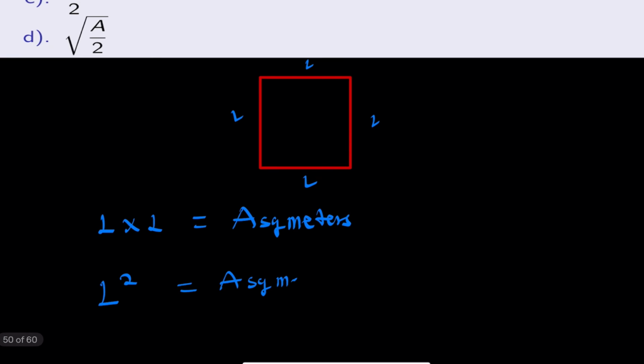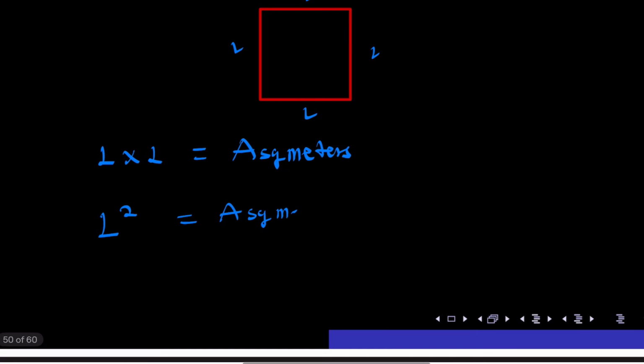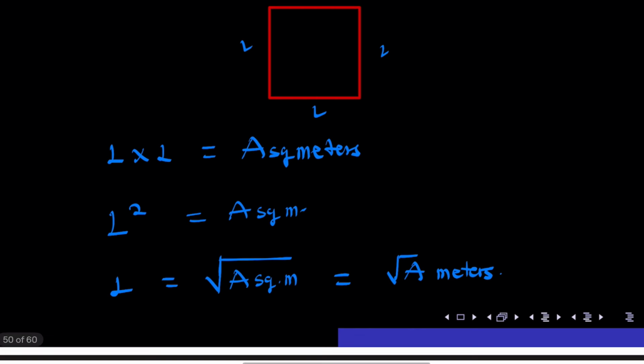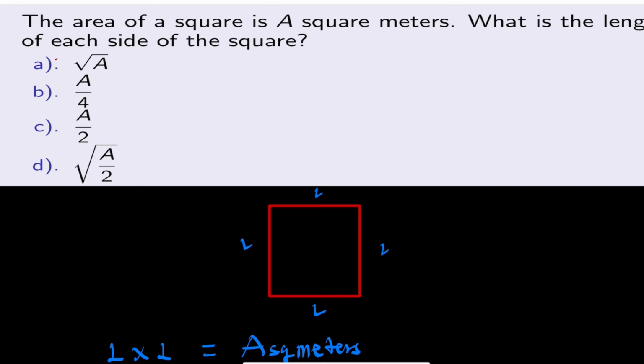And so let's find L. L will be the square root of a squared meters. And that's our answer, the square root of a squared, which is a meters. And so the length of this square is a. And so the correct option is option A.